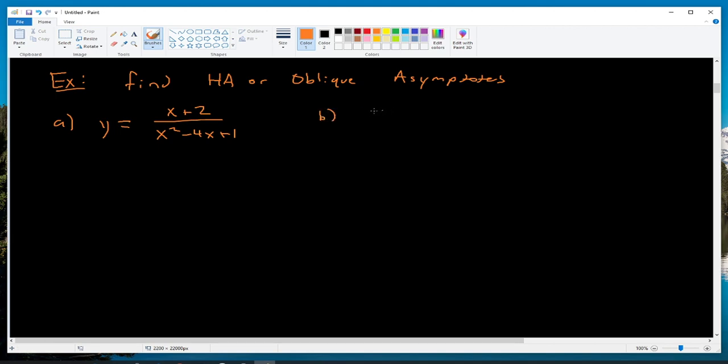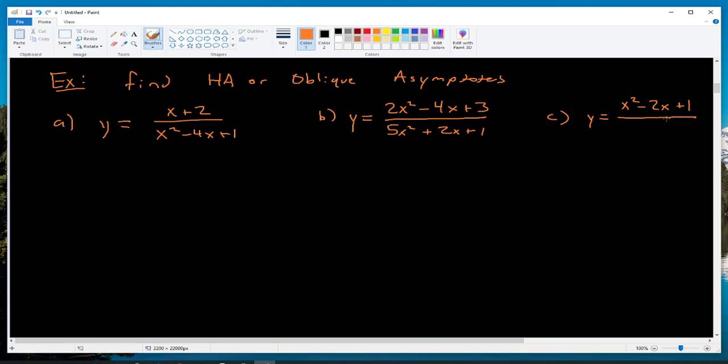Case B: what if y equals 2x squared minus 4x plus 3, all that over 5x squared plus 2x plus 1? And case C, what if we had y equals x squared minus 2x plus 1, all that over x minus 3?